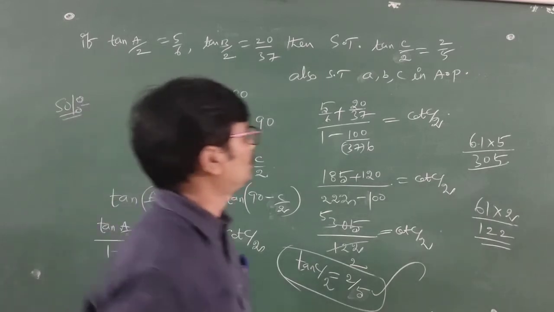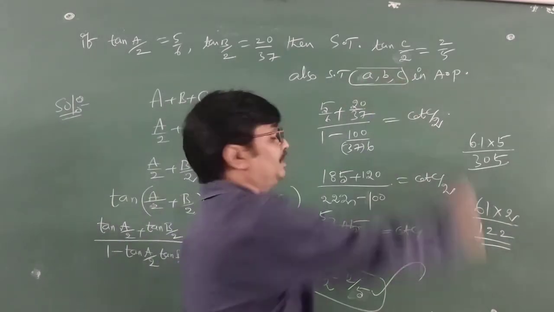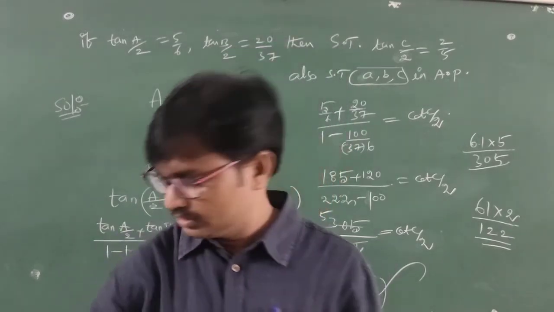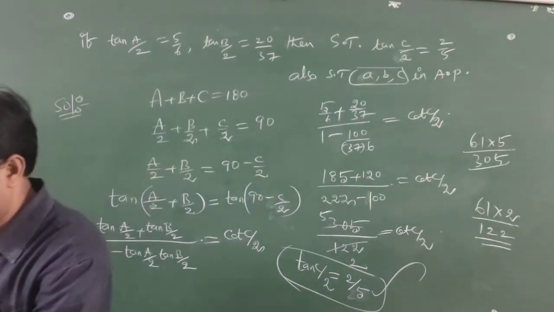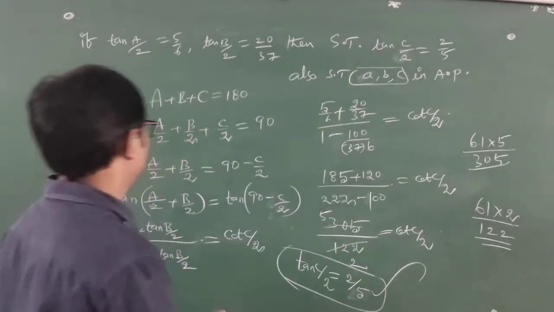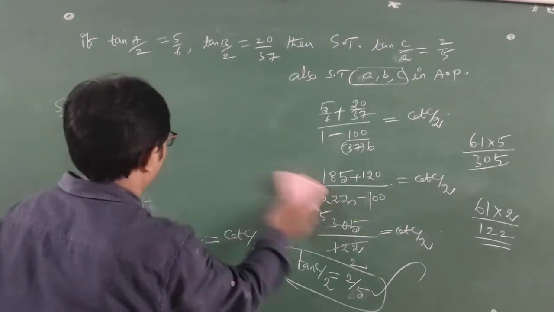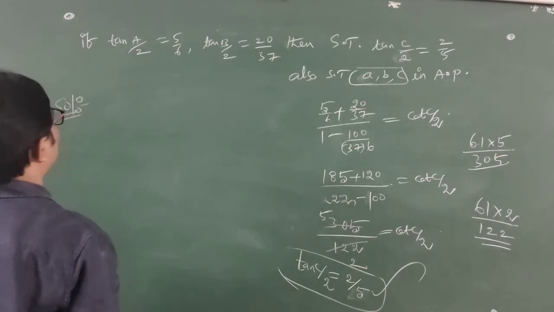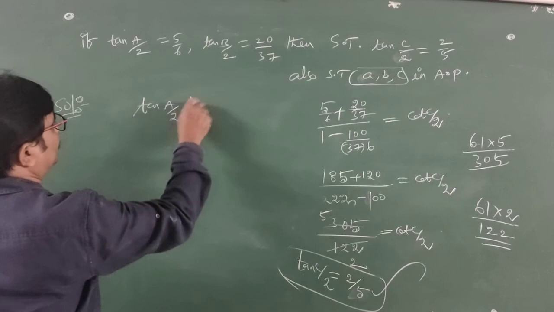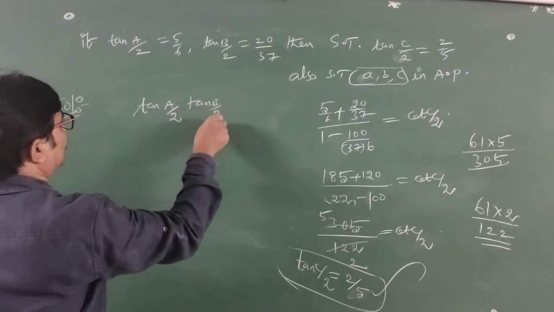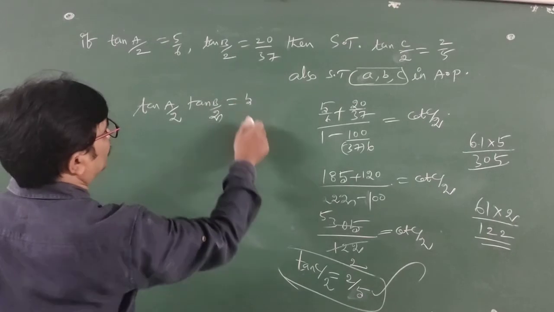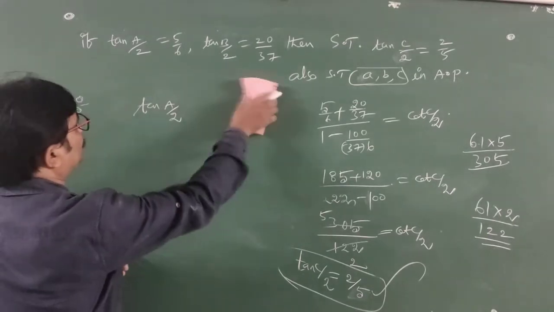Okay. Now we want to show that A, B, C are in AP. What is it, students? A, B, C are in AP. First we found that tan C by 2 is 2 by 5. Now students, we take the product of tan A by 2 into tan C by 2.